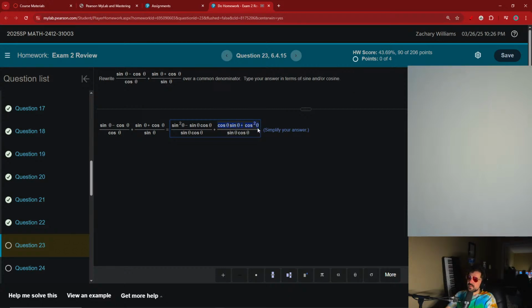So I'm pretty sure now I can just do this and get rid of this part. I'm not entirely sure though, right? There's no way to know.